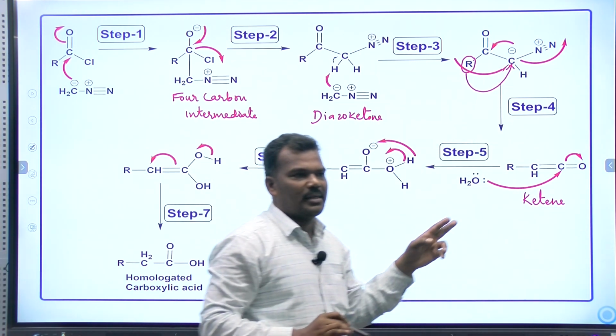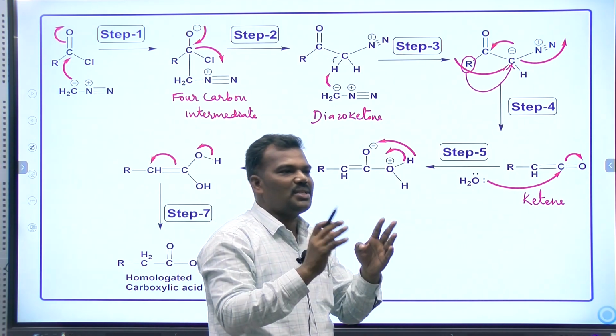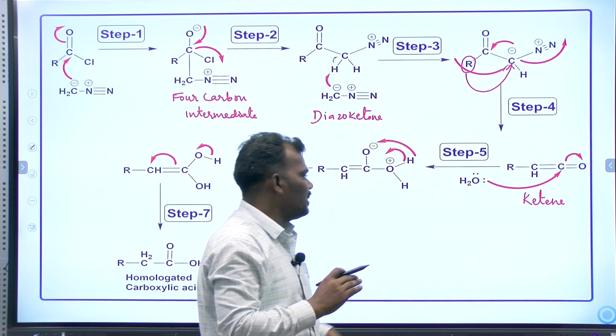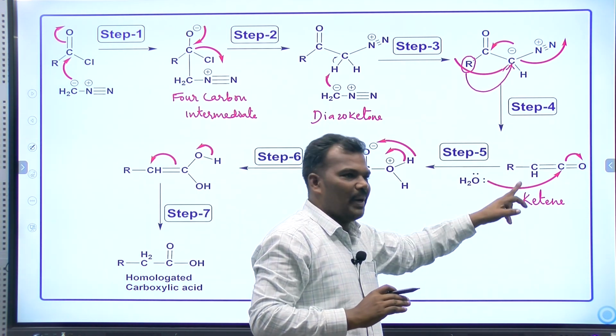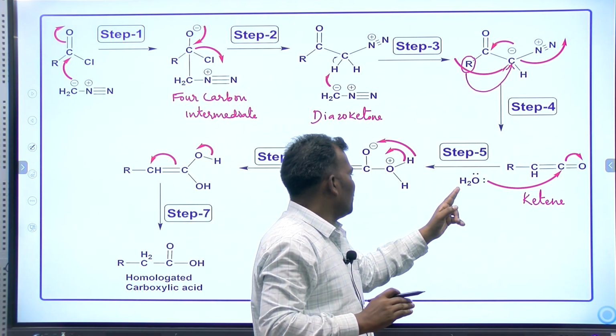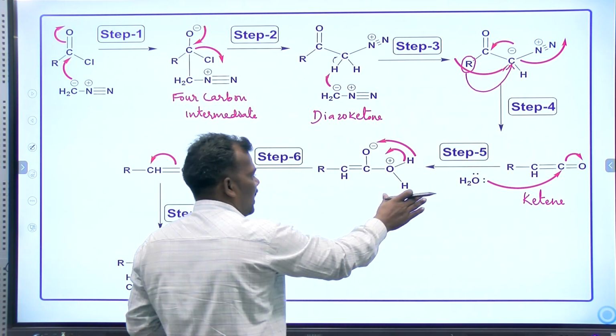This ketene intermediate is an unstable and short-lived species. That means this ketene rapidly reacts further with a water molecule.